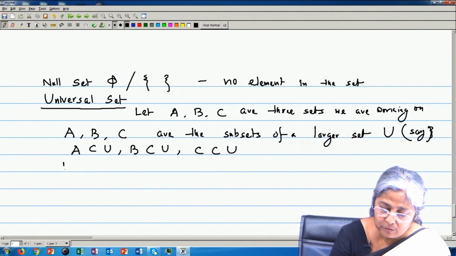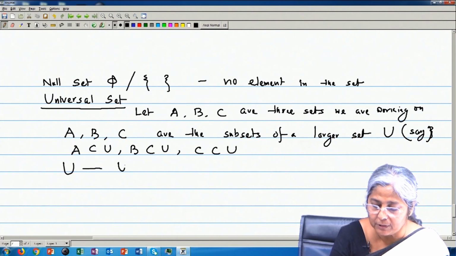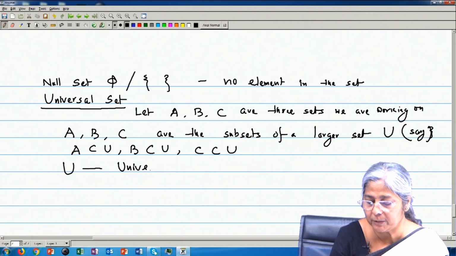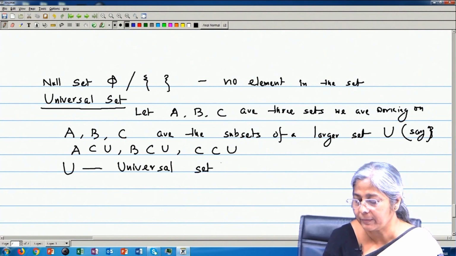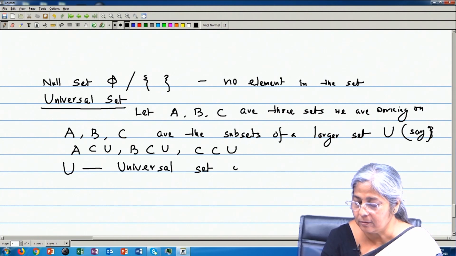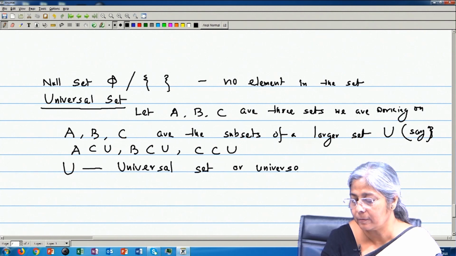So, U is the universal set, or sometimes we call it the universe.